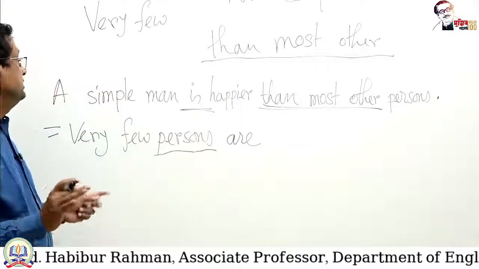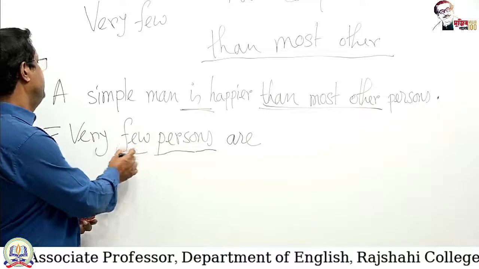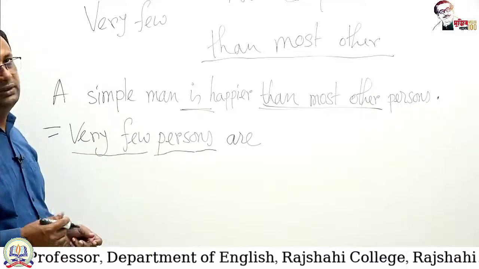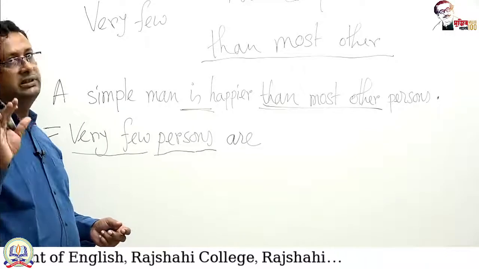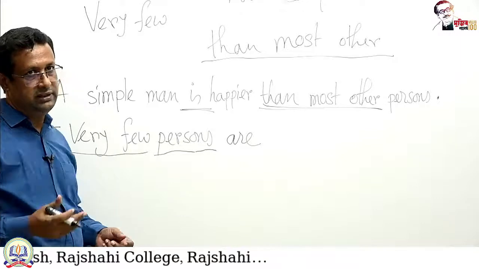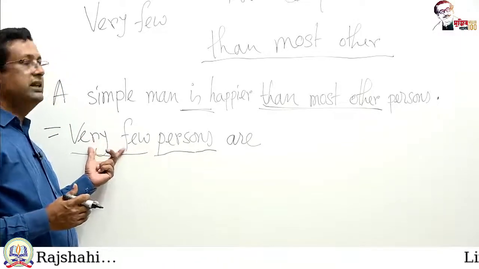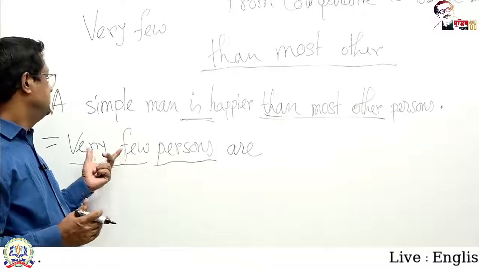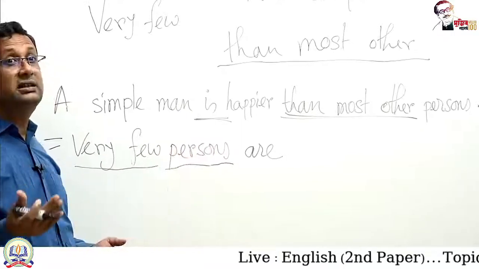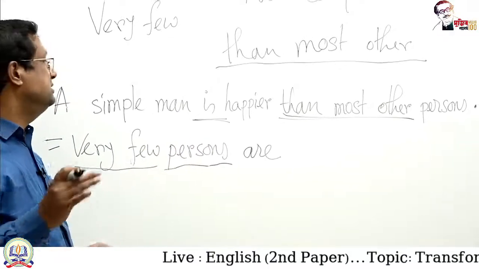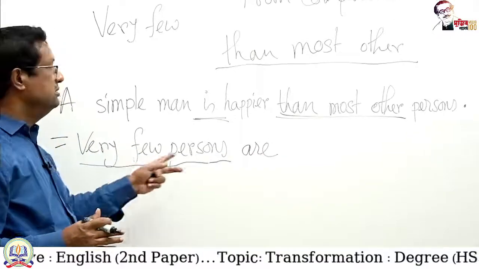No. Certainly not. Why? Because this very few, that is very small in number, very small in quantity, where you will find quantity, quantifiers. This tends to be negative. And as this expression tends to negative, the sentence is nearer a negative sentence. That is why you will not use are not, rather you will use are.